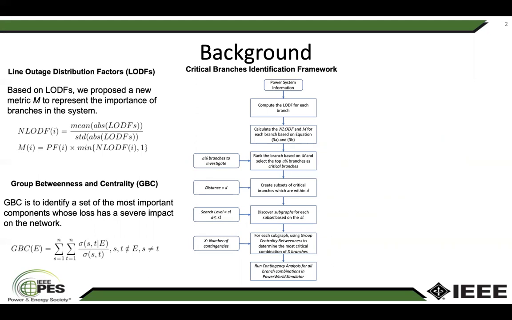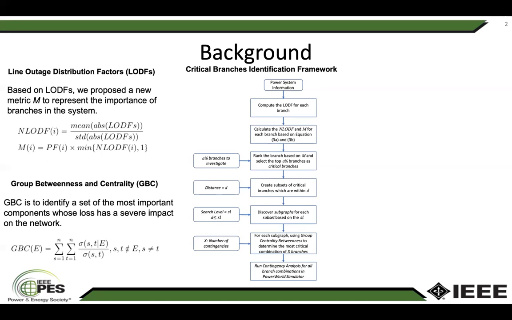With the distance D, we will choose other high impact branches that are D hop distance close to the critical branches to formulate a subset. For that subset, we will extend the graph based on the search level to find the other nodes or branches in the system to formulate the subgraph.